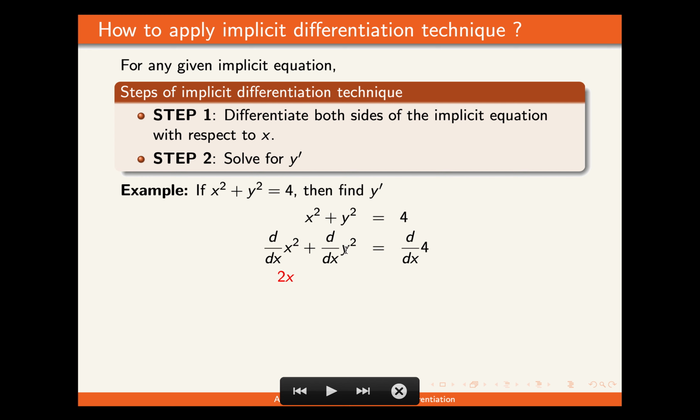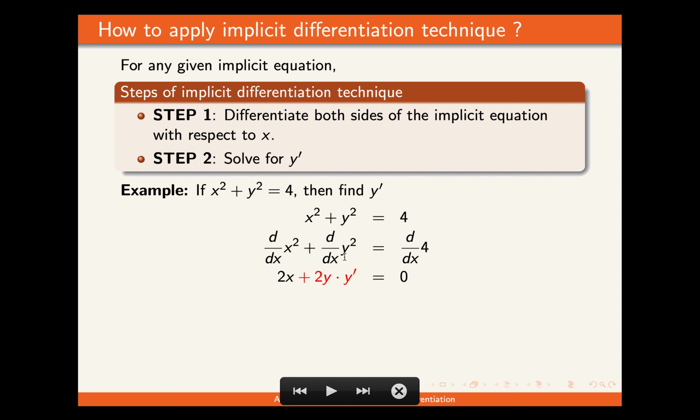So it looks like a function raised to the power of something. So we need to actually use the generalized power rule, which is bring the power down, so write down 2, and then write down the function as it is. So y is as it is times the derivative of y with respect to x. So this is the derivative of y squared with respect to x.